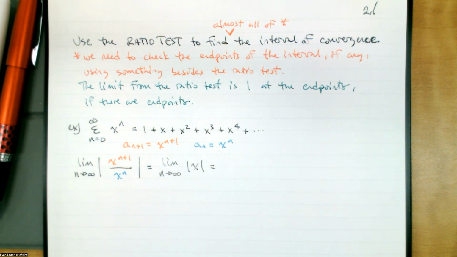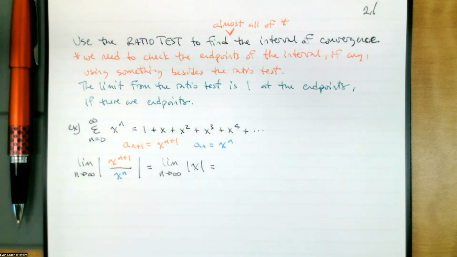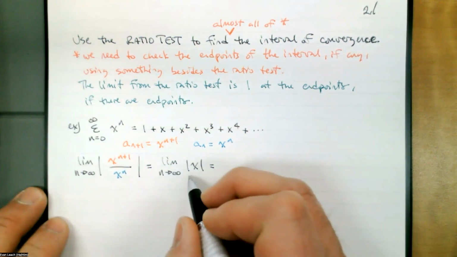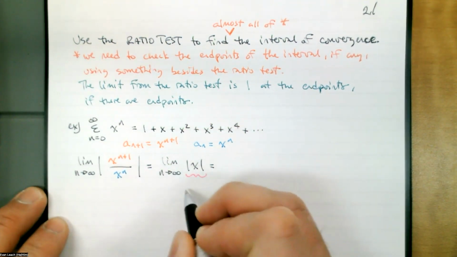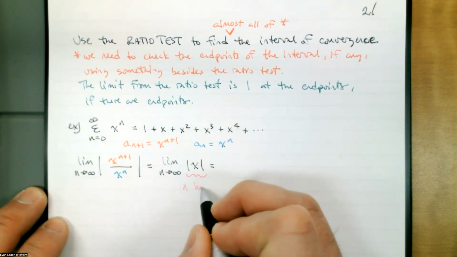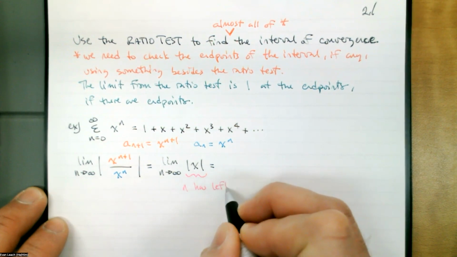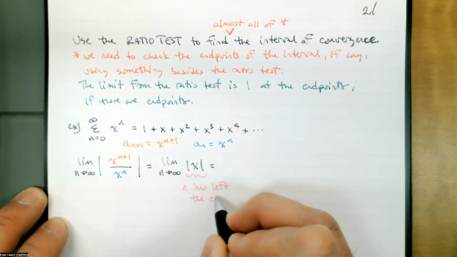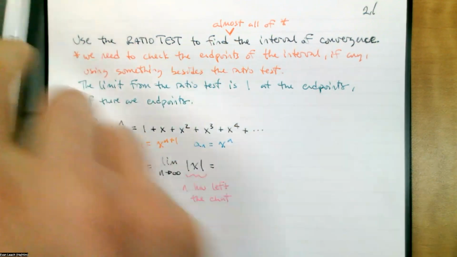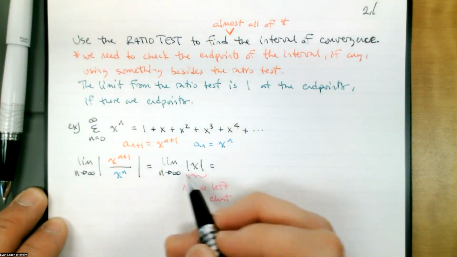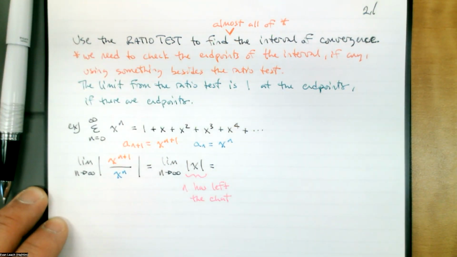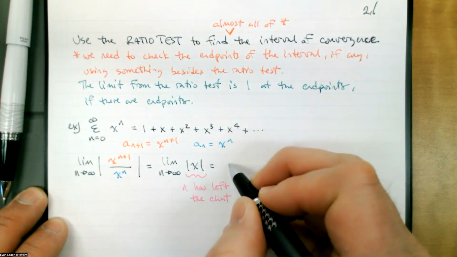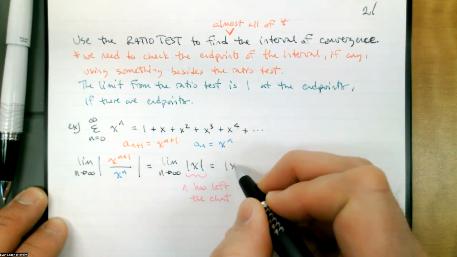There is no more n in our expression. So as n goes to infinity, this expression that doesn't care about n anymore is just the absolute value of x.